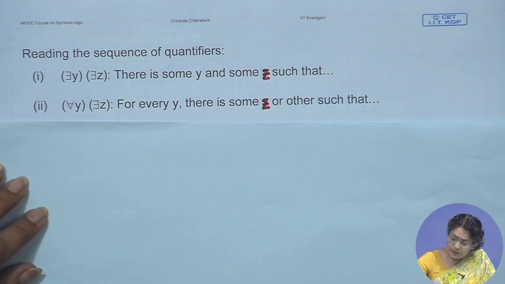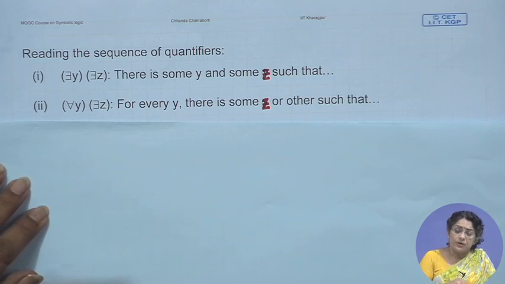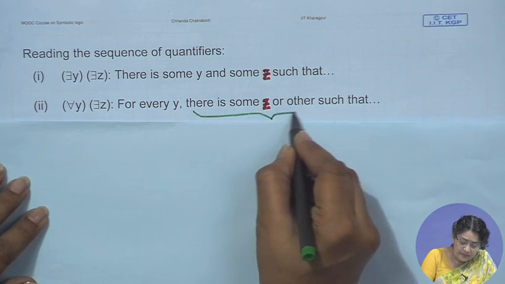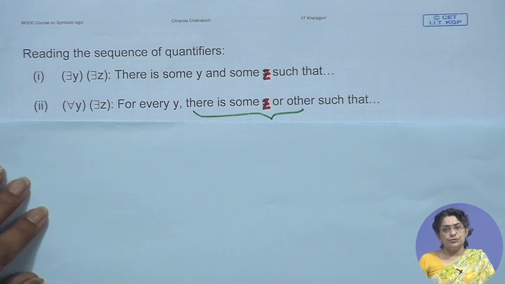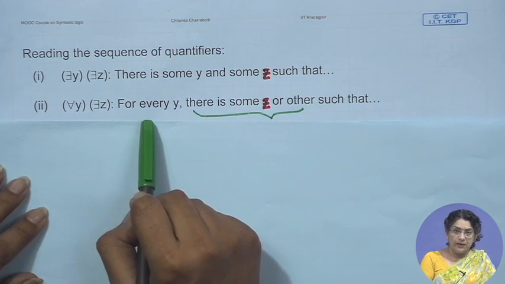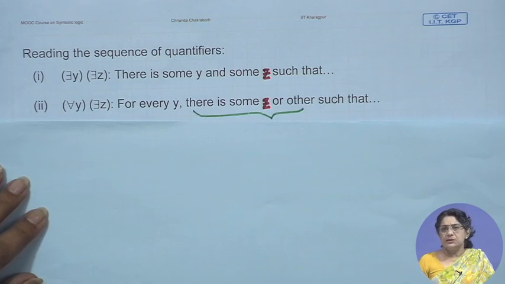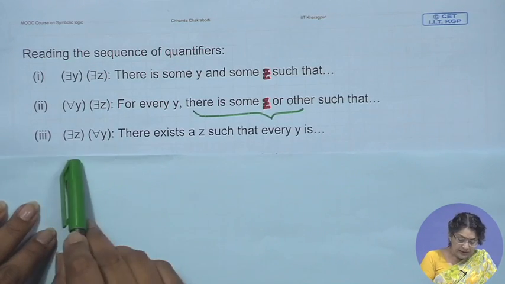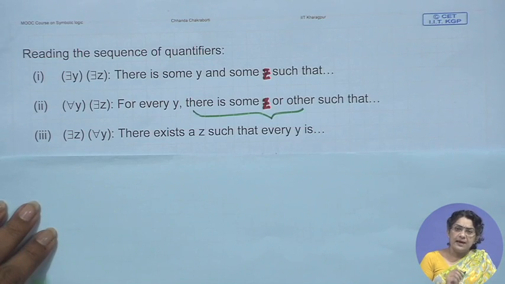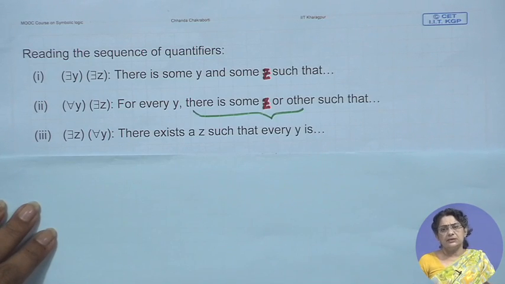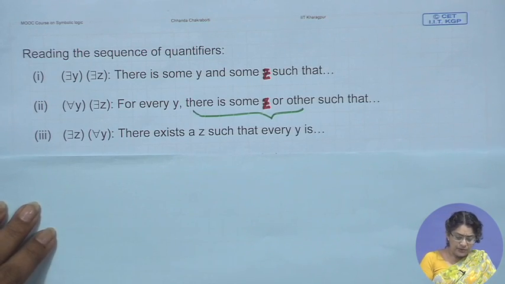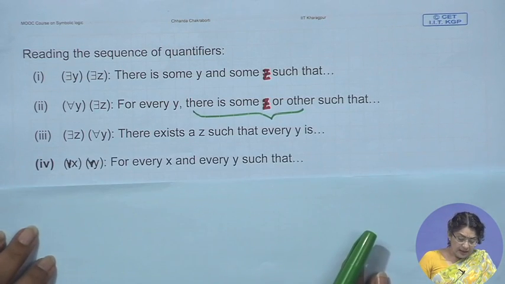Notice that this is somewhat loose, some z or other, there is nothing definite, because putting it in the second position relegates it to a rather loose interpretation. The main thing is: for every y, there is some z or other. This, on the other hand, is emphatically saying there exists a z such that for every y, etc. So, this is where the emphasis plays.